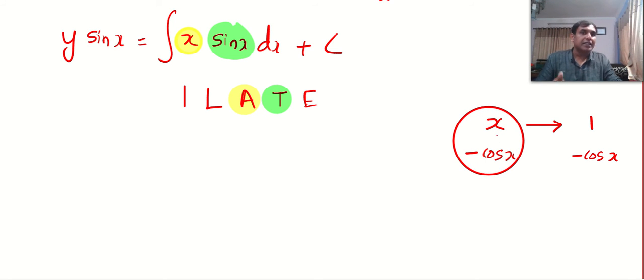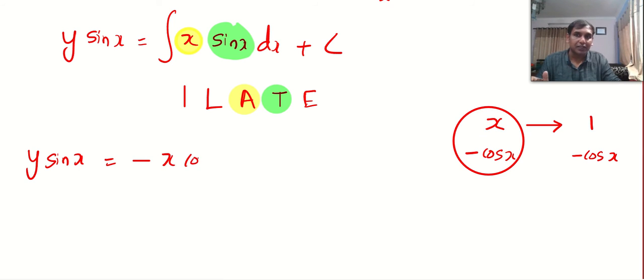Multiply this, simplify this, and tell me what will be the answer. It will be minus x into cos x. Now you have to write minus integral. So look at this, first function, integration of second, we have multiplied it.